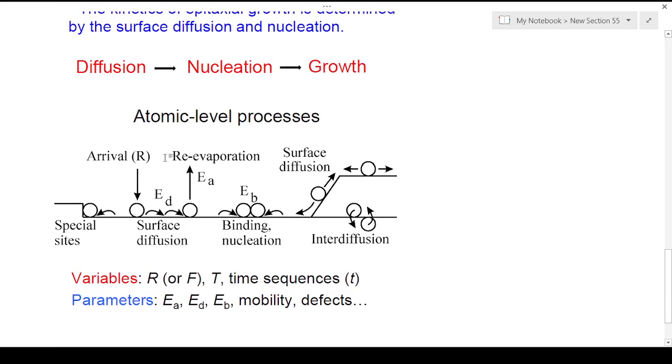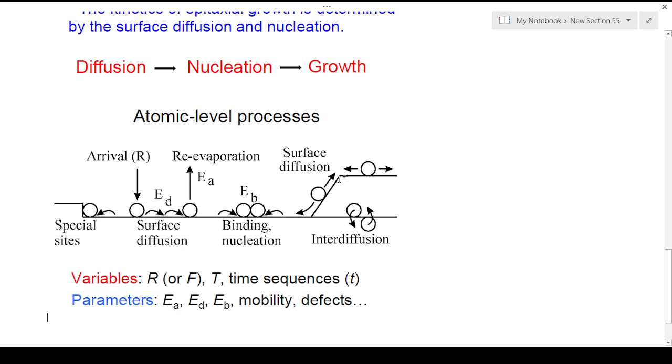Here the atom has arrived, the R representing the atom arrival, and there will be surface diffusion, and also a surface evaporation process, and there will be a binding of nucleus to the surface, and the nucleation starts here. So the nucleation process starts, and of course there will be further surface diffusion, and it will be rising as a layer. Okay, so this is actually a layer formation in a thin film.